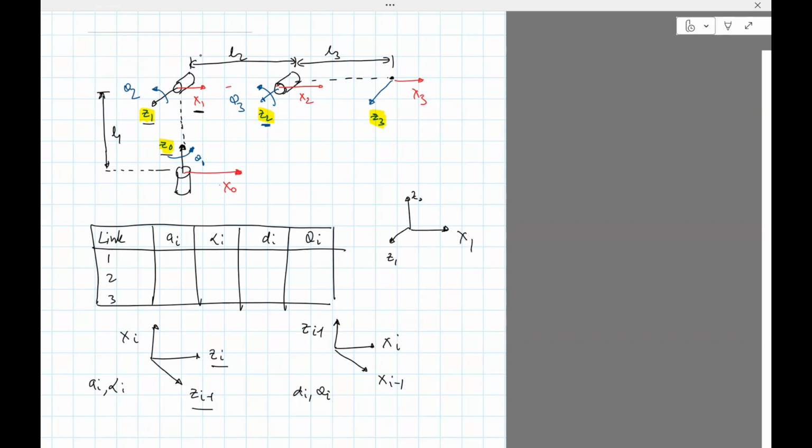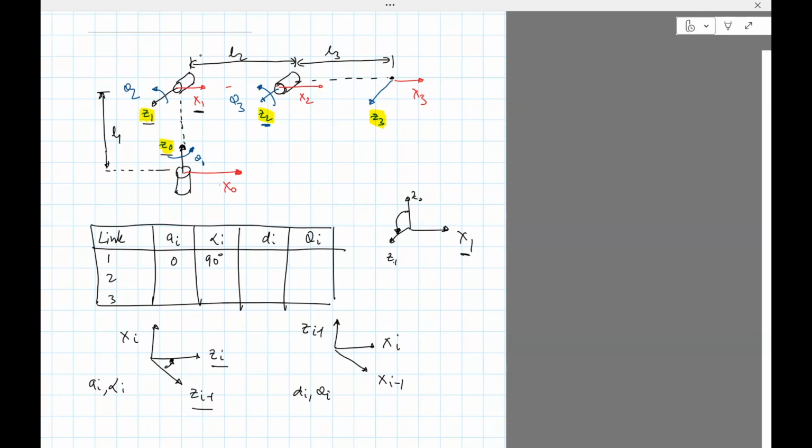If you want to find the angle, this is the angle. It's the angle between Z0 and Z1 in the counterclockwise direction. As you can see, it is 90 degrees. So that's, sorry, it's alpha_i. Then it's the distance between Z0 and Z1 along X1, but Z0 and Z1 intersect. So the distance is 0.